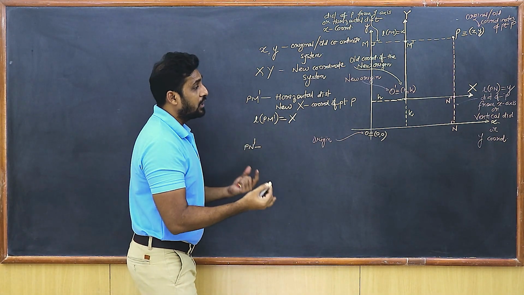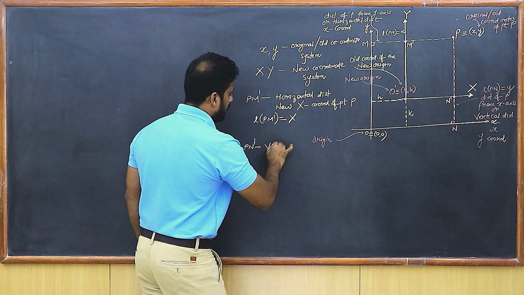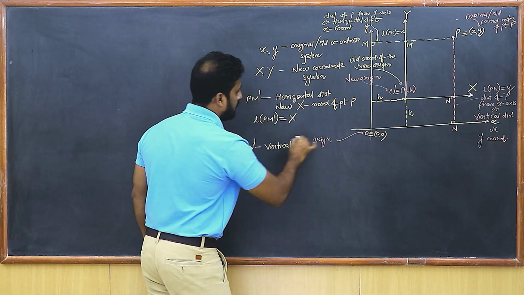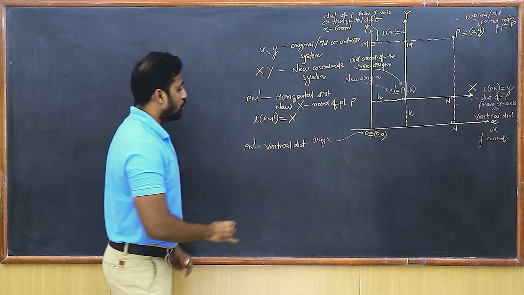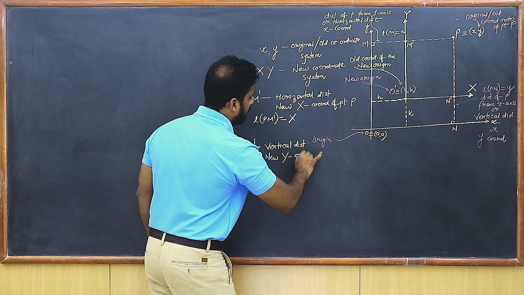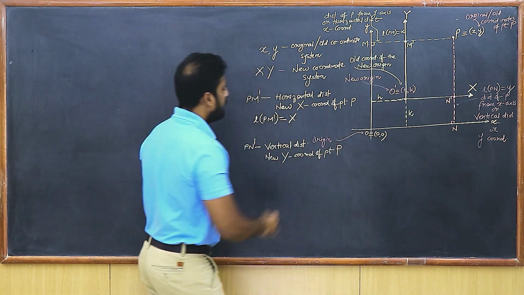Students, PN dash is the vertical distance of the same point P, isn't it? So this is the vertical distance of the point P. Therefore it is going to be the new y coordinate of point P, isn't it?